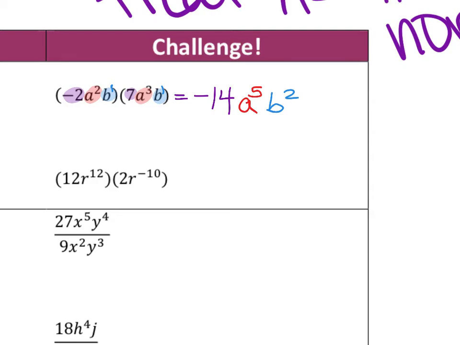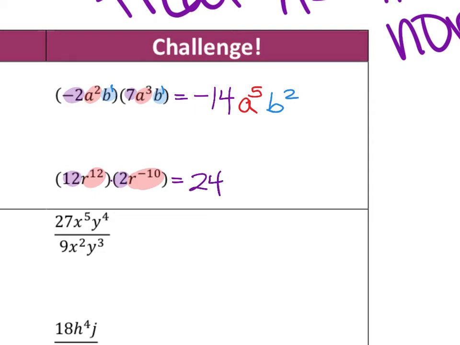If we look at the second challenge example here, again, notice that we have coefficients and we have R letters. We have to treat each separately according to their rules. So coefficients or regular numbers, you treat like regular numbers. If we're multiplying these things together, we're going to do 12 times 2, which is 24.